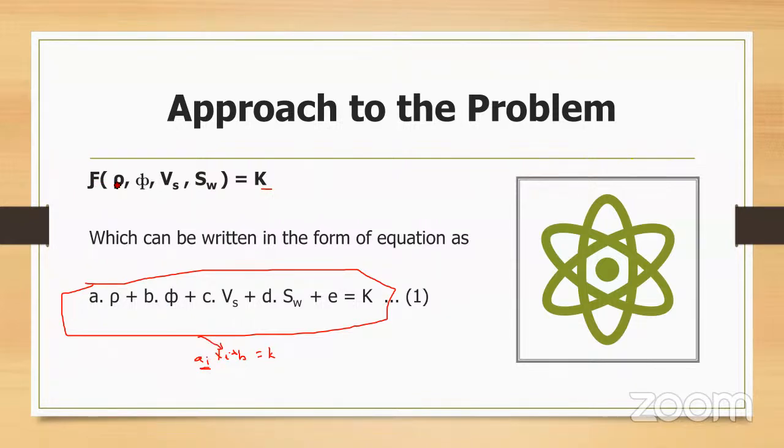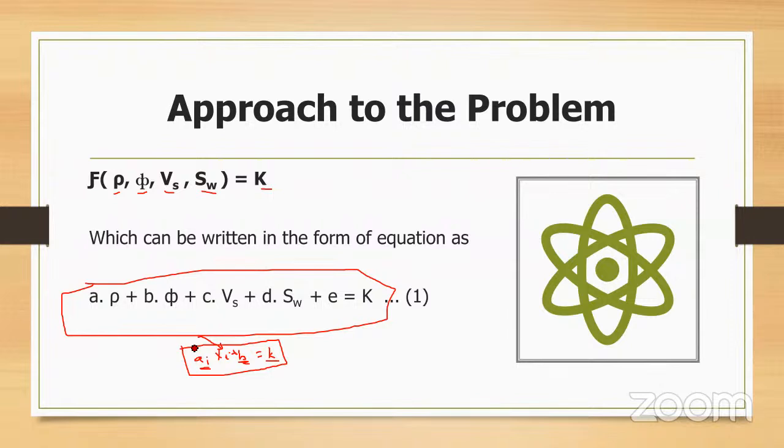The input parameters, or features, are the density, the porosity, the shear velocity, and the water saturation. You need a weight for each input, and then you add a bias to it so that it doesn't have to pass through zero. And this should give you the K value. So this is a very simple linear regression model to predict the permeability as a function of 4 different input parameters.